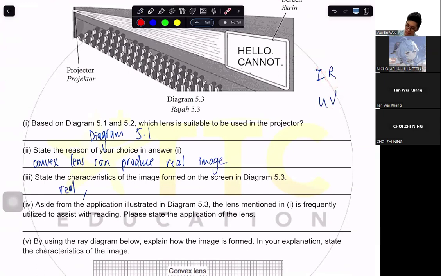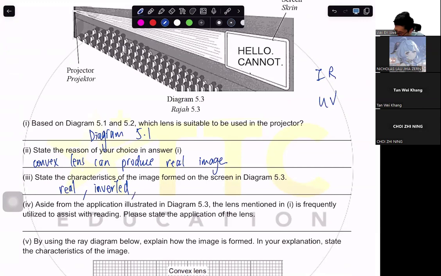So this one is actually inverted. Your movie screen is always inverted, but you don't see things upside down, correct or not? It's because when they shine on the projector, they put the projector upside down. So when it comes out, the image becomes upright. That's how it works.